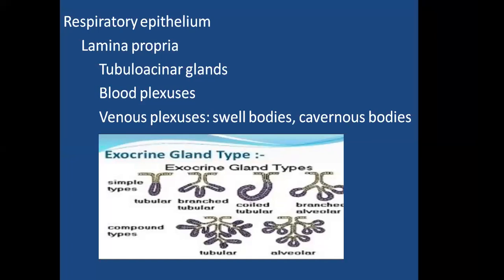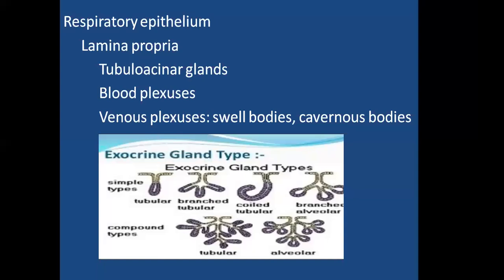Simple tubuloacinar glands, and these glands are seromucous. What does seromucous mean? Sero means watery secretions, mucous means mucus secretion. So these simple tubuloacinar glands are seromucous in nature, and they secrete watery secretions as well as mucus secretions.